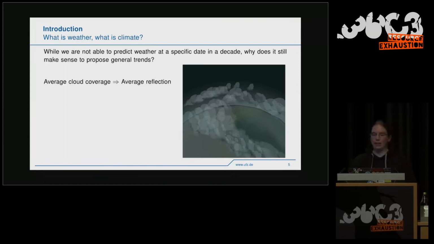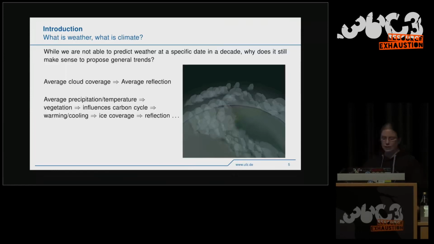So first of all, it is about average. Average cloud coverage gives us information on average reflection, and average reflection has an impact on the warmth on the Earth. And the same is true for another scenario.